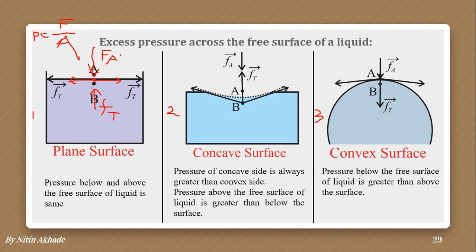Dividing by the surface area, which is the same, FA upon A is equal to FT upon A. Therefore the atmospheric pressure just above the free surface of the liquid and the pressure due to surface tension, PT, just below the surface have the same value.